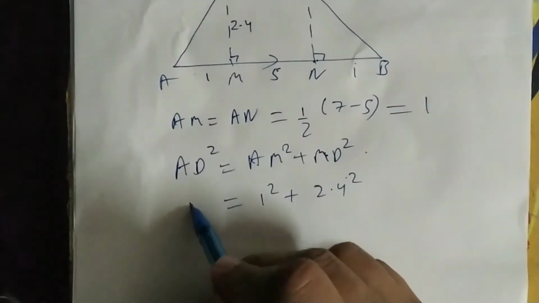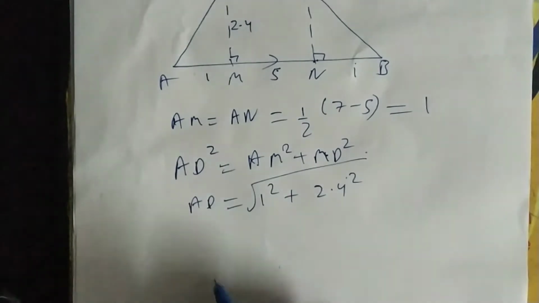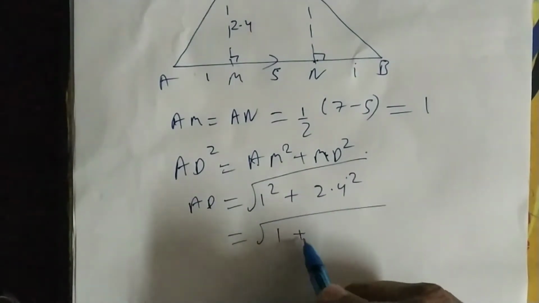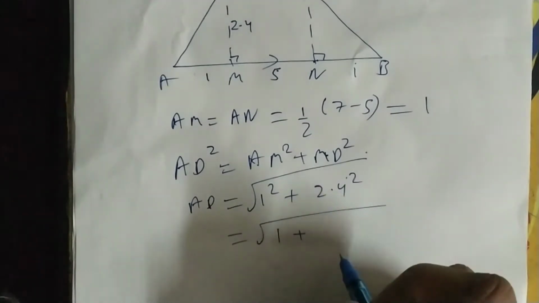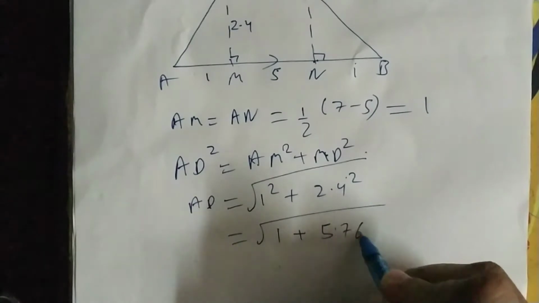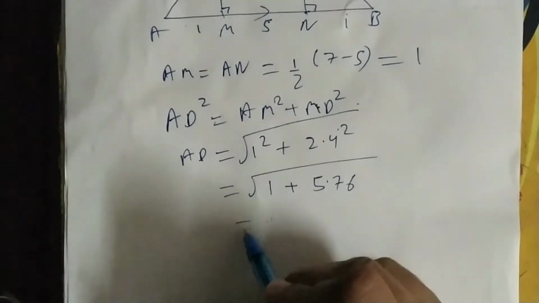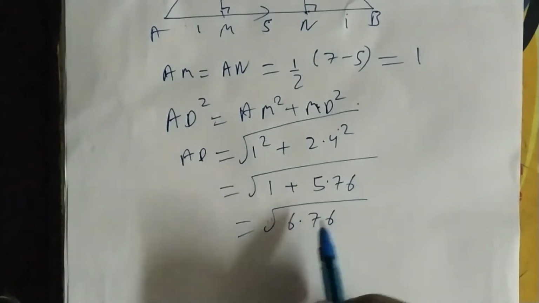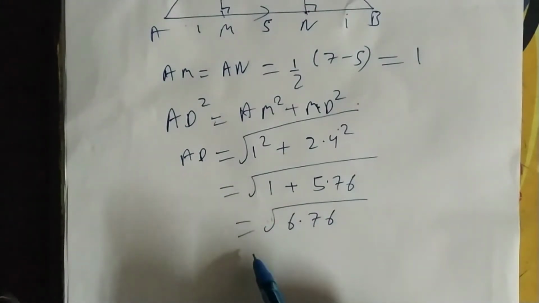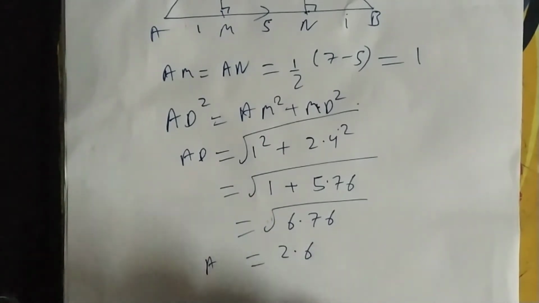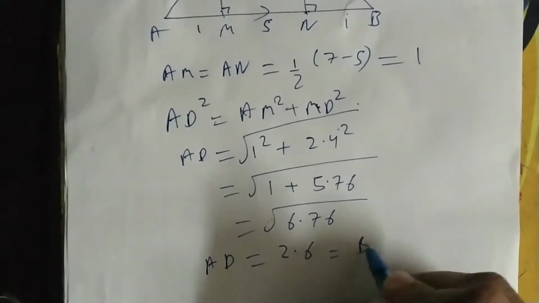So AD is equal to the square root of 1 square, which is 1, plus 2.4 square, which is 5.76. This is 6.76. The square root of 6.76 is 2.6. So the length of AD is 2.6, which is also equal to BC.